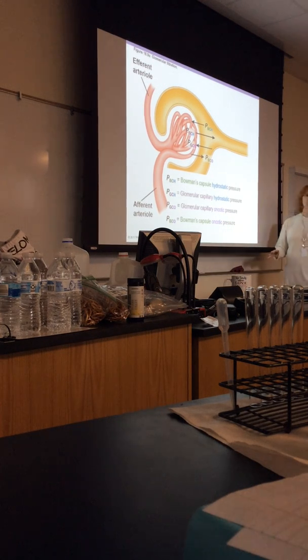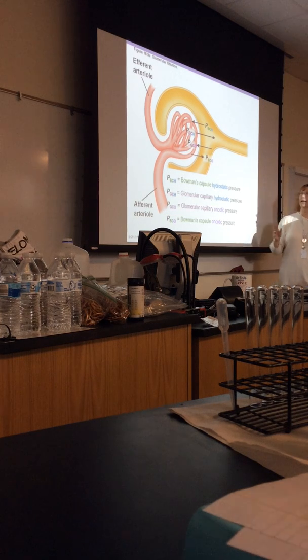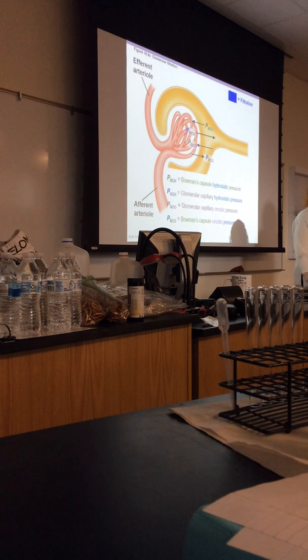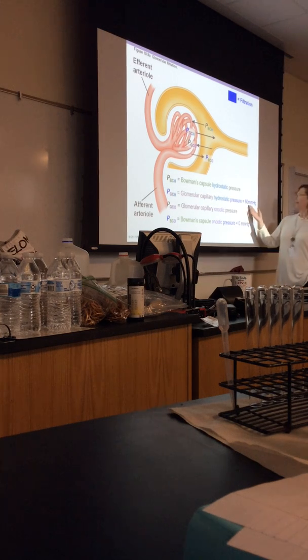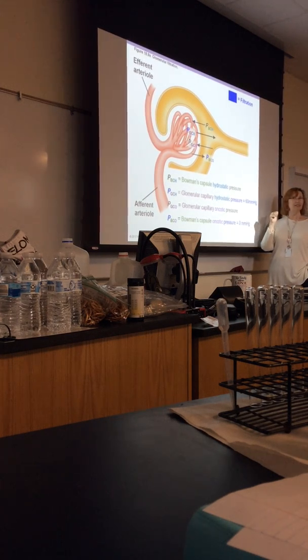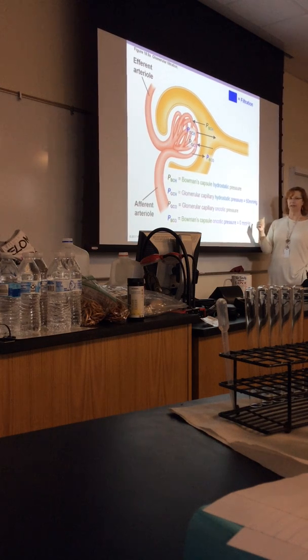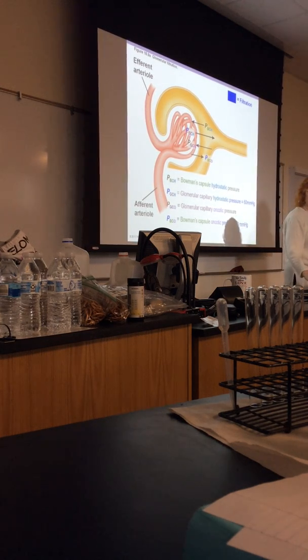Okay, so let's go back to where we started, okay? So those forces that favor filtration have pressures of 60 millimeters of mercury, capillaries to Bowman's capsule, and 0 millimeters, capillaries to Bowman's capsule.